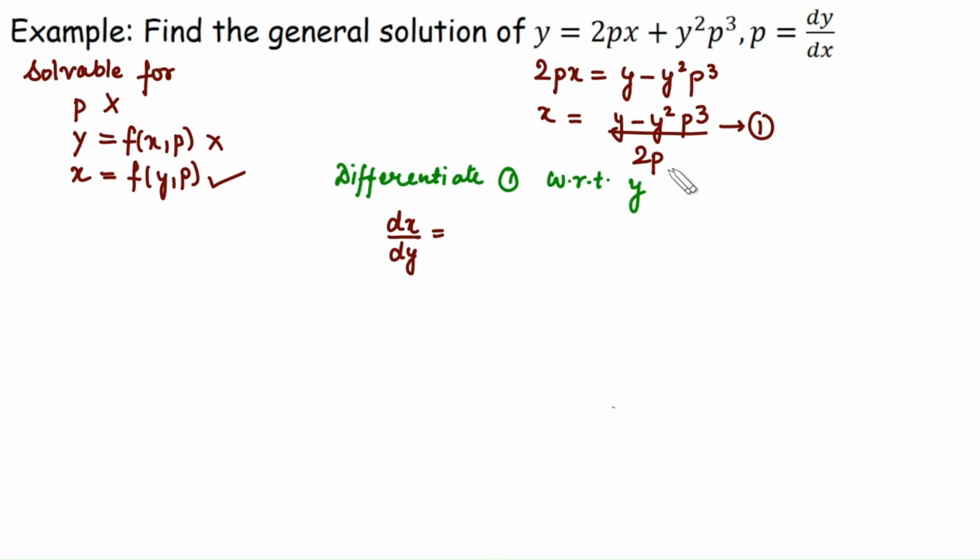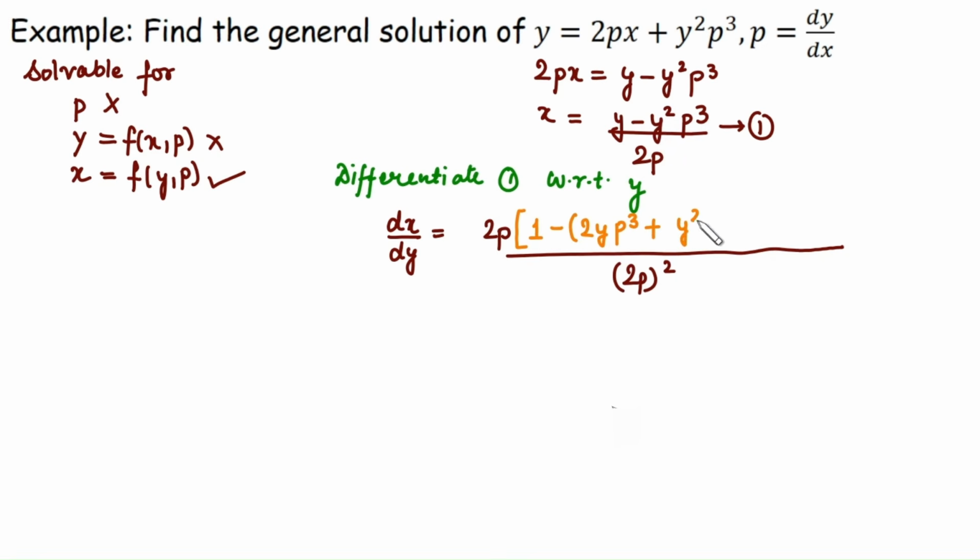On the right hand side, we can apply the quotient rule: denominator square, denominator as it is, derivative of numerator, that can be expressed as derivative of y with respect to y as 1, minus, here apply the product rule, derivative of y square is 2y, p cube as it is, plus y square as it is, derivative of p cube is 3p square into dp by dy, minus numerator as it is, derivative of denominator is 2 into dp by dy.